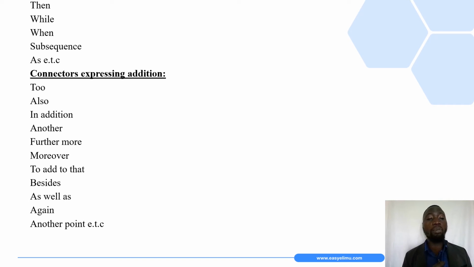In this group, we have examples like also, in addition, another, furthermore, moreover, to add to that, besides, as well as, again, another point, etc.